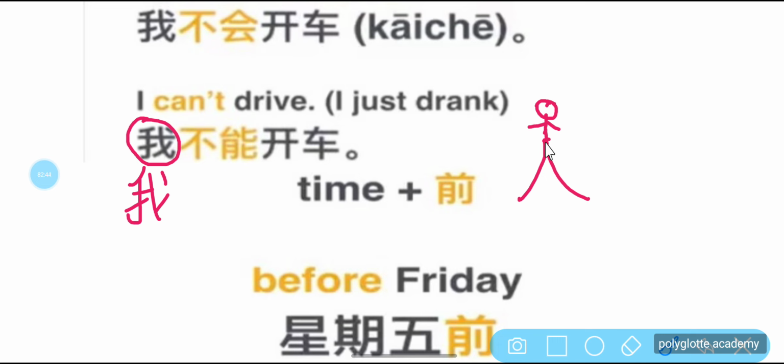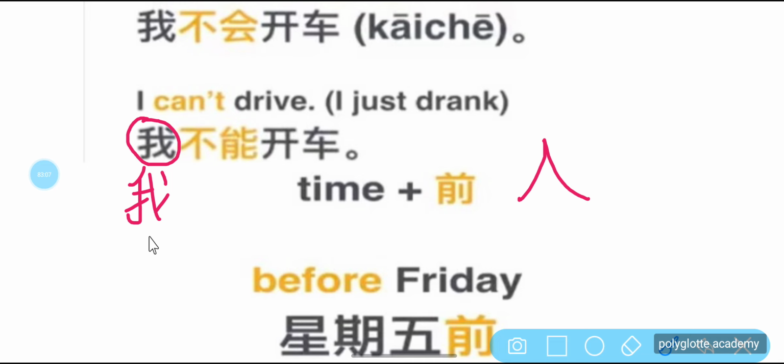This is the person's hand. With the legs, it's somebody walking. So if I wipe out the upper section, we take the lower section to mean a person, someone that is walking.